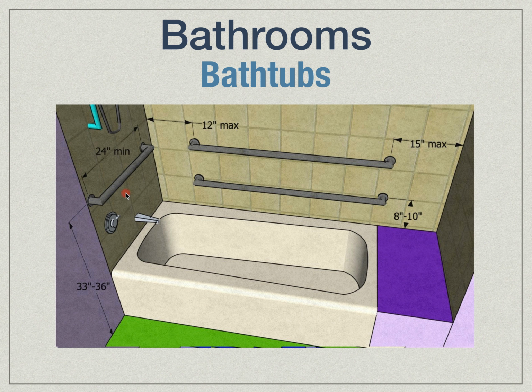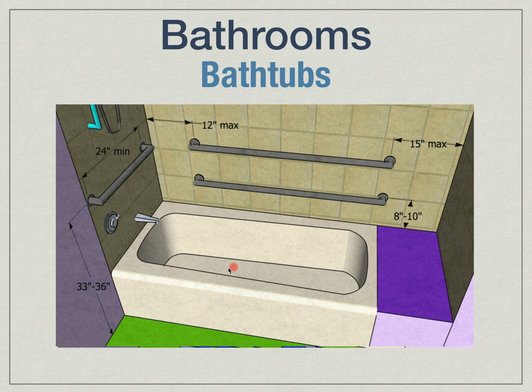So obviously if somebody's getting into the tub, you want to have these bars because it helps them get in the tub, and then the two back ones help someone to lower themselves into the tub so they have something to hold on to. And then the seat in the back is a way to, maybe they want to come in and sit at the tub and then slide in, and when they get out, they can slide back up using the grab bars, and then sit on this bench and then come out.